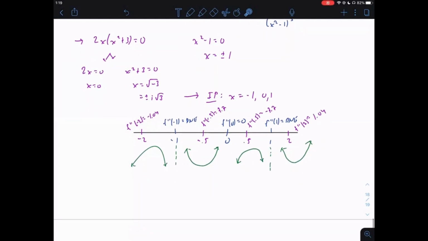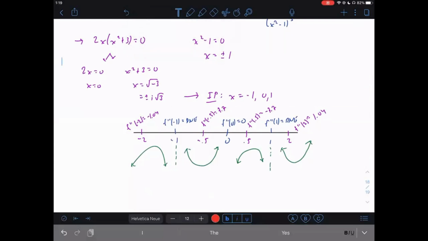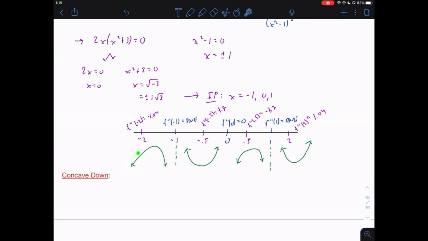Okay, so let's finalize the solution by determining the intervals in which our function is concave down and up, and also the inflection points that we have. Let's do concave down first. Our function was opening downwards before -1.